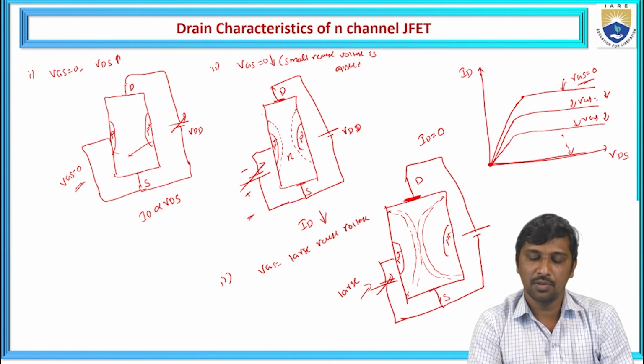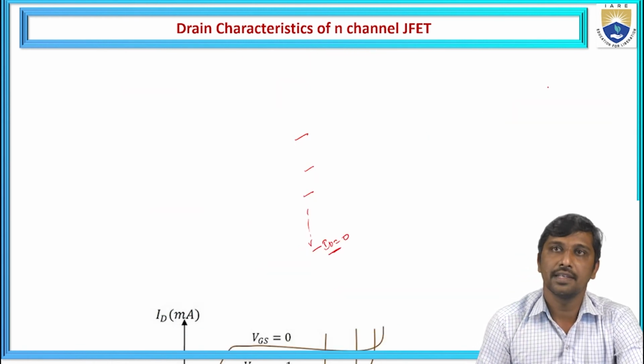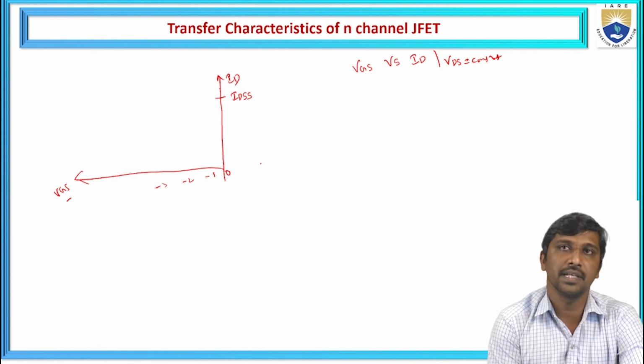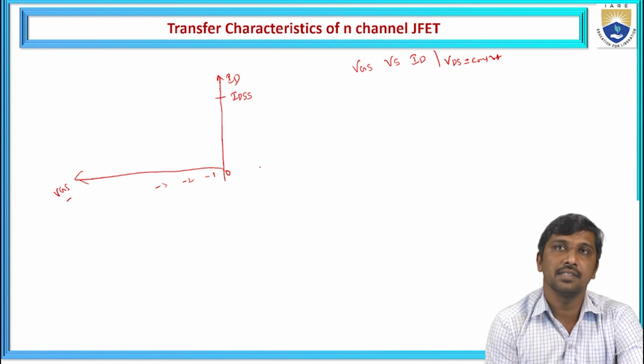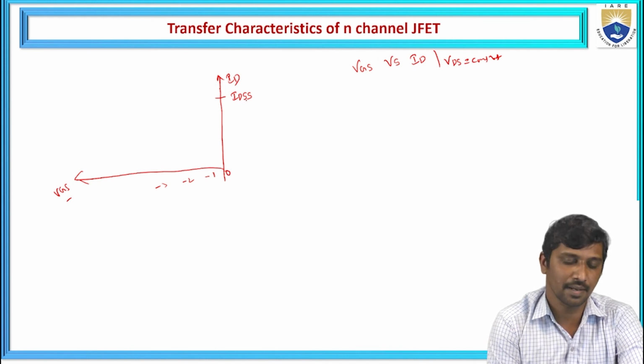When VGS is 0, we observe that the drain current is a maximum. At this point, when VGS is 0, the drain current is a maximum. That current is called IDSS. Current is a maximum, meaning it is the saturated current, the drain to source saturation current.